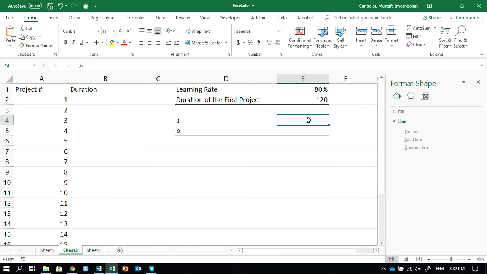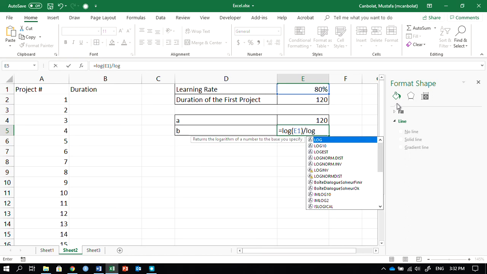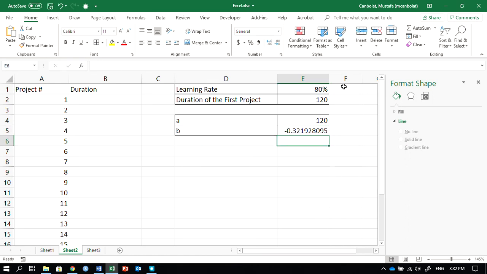And if A is 120, and then B, we can find that from log of 80% divided by log of 2, and just put a negative there.